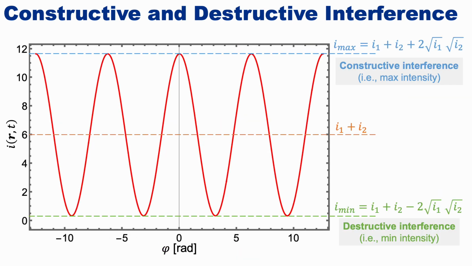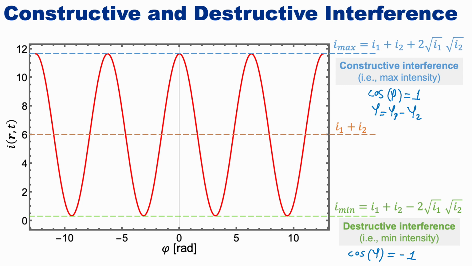So again, we're going to have a minimum and a maximum optical intensity. The maximum is what we call constructive interference, and it occurs when the cosine of the phase difference is equal to 1.